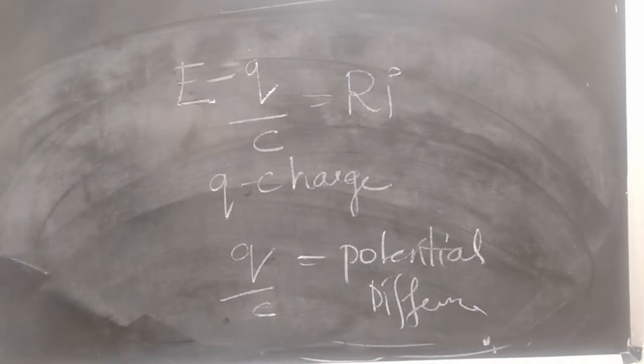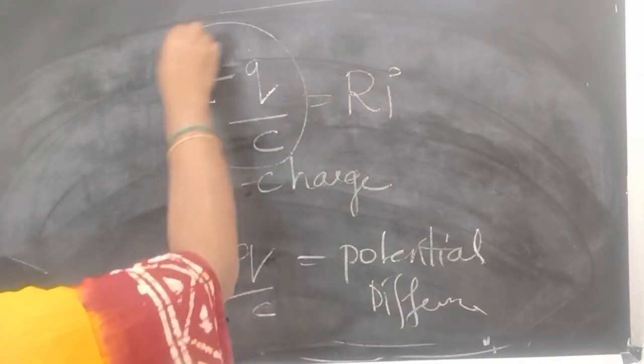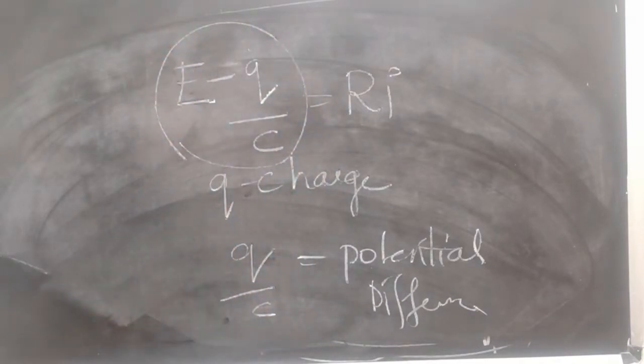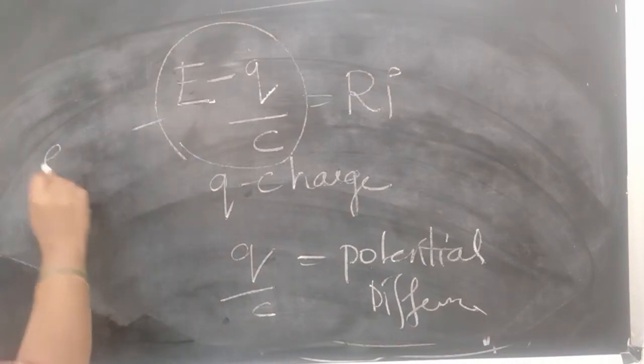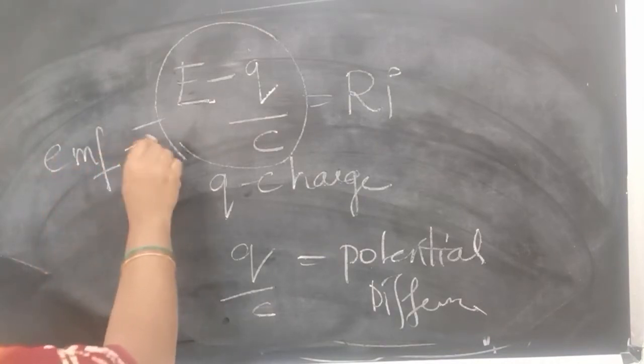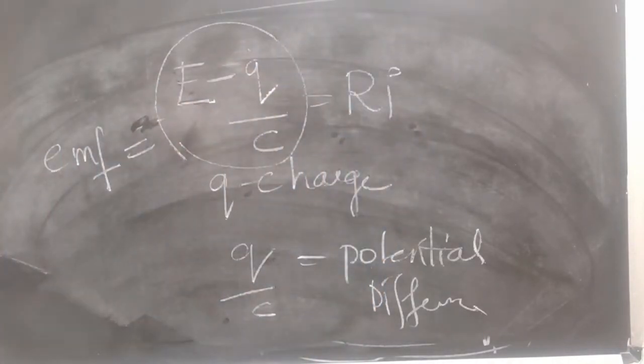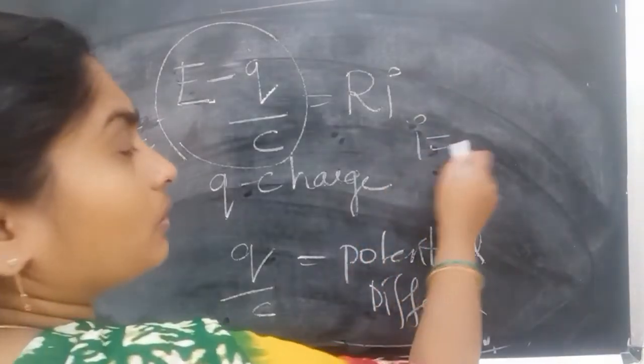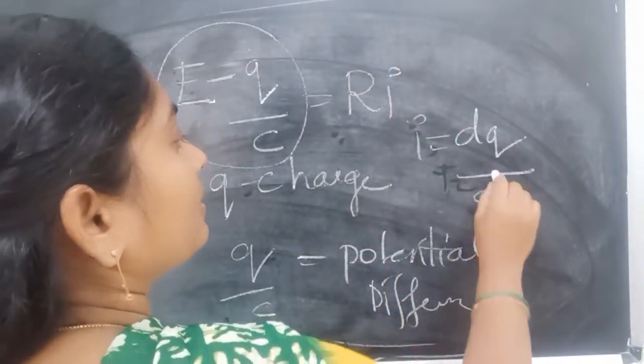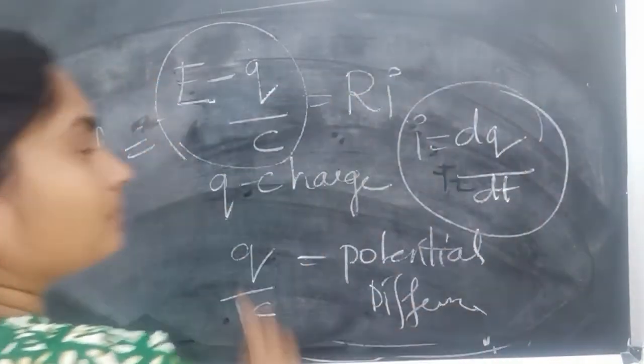Then one more point: E minus Q by C is the EMF, which is equal to R into I, where R is the resistance and I is the current, that is I is equal to dq by dt. Clear?